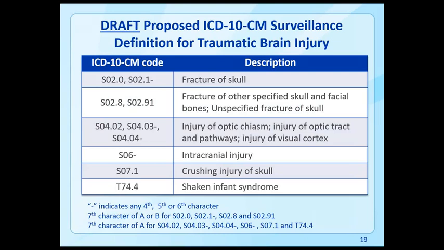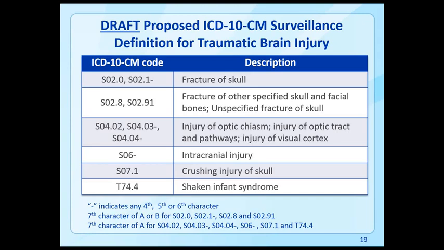So on this slide, this is our draft proposed ICD-10-CM surveillance definition for traumatic brain injury. And you can see there's 6 different categories of diagnoses here. Skull fractures, which is the S02.0 and S02.1. Fracture of other specified skull and facial bones or unspecified fracture of the skull.